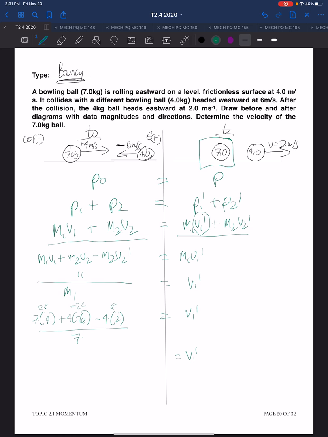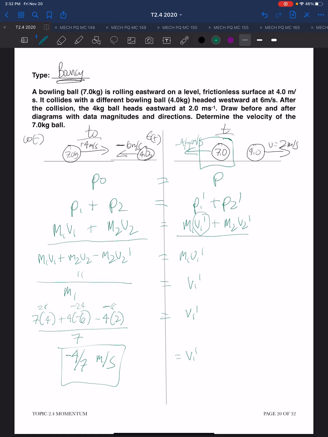We did a little bit of a mistake there. The 8 is negative. So we've got minus 32 plus 28, which is plus 4... excuse me, negative 4 over 7 meters per second, because negative 32 plus 28 is negative 4. So it's moving like this, at minus 4/7 meters per second.